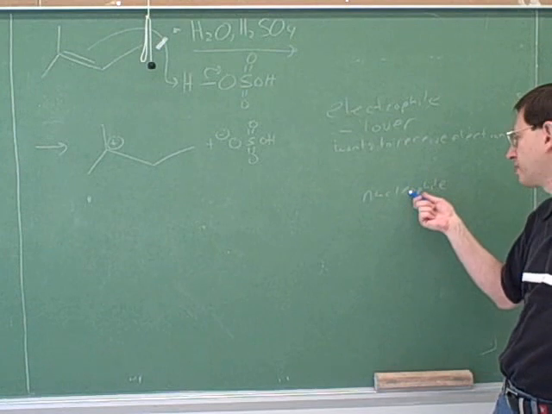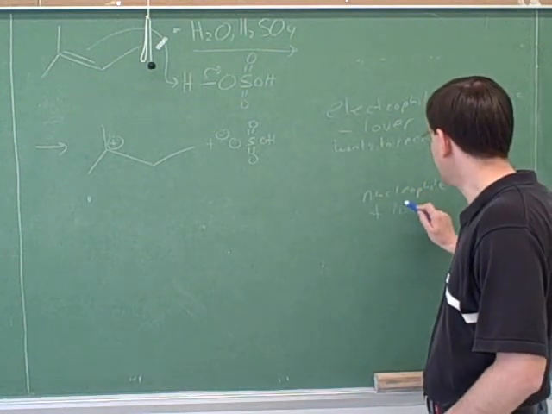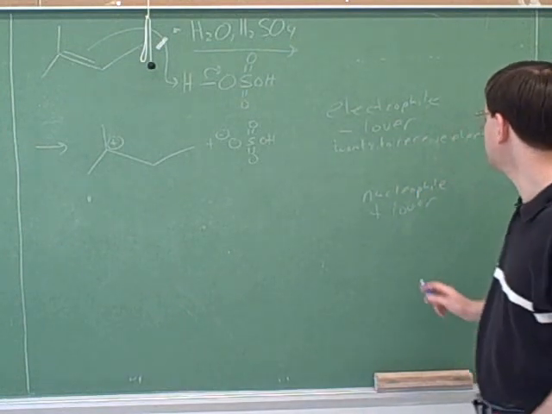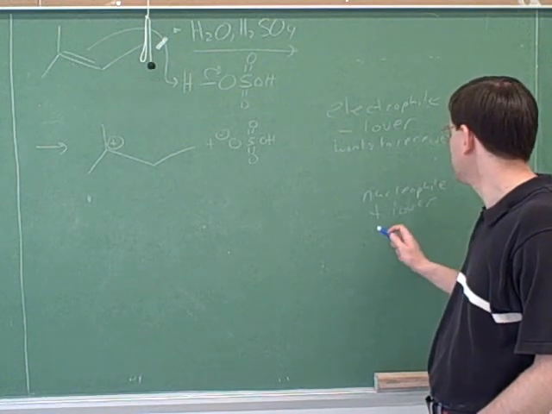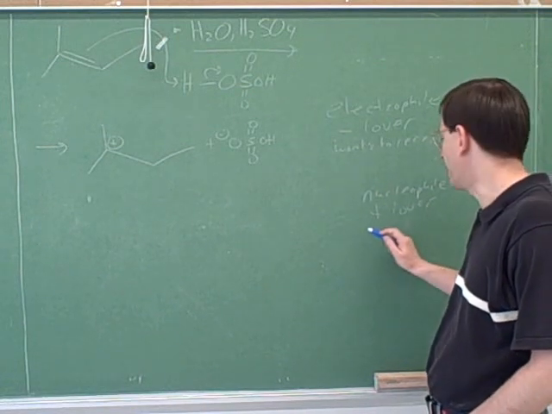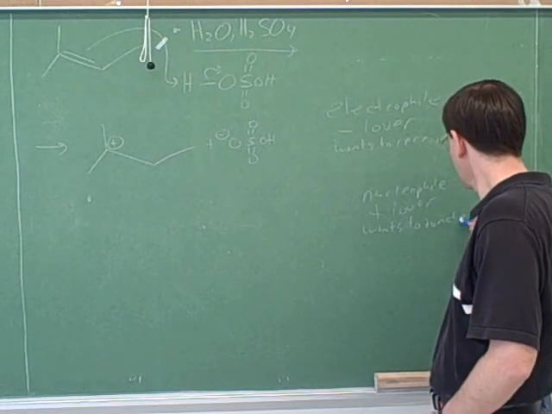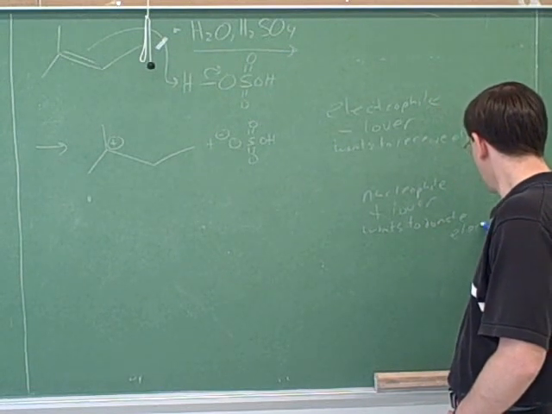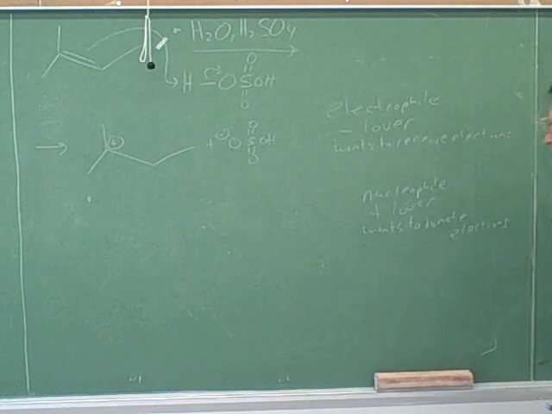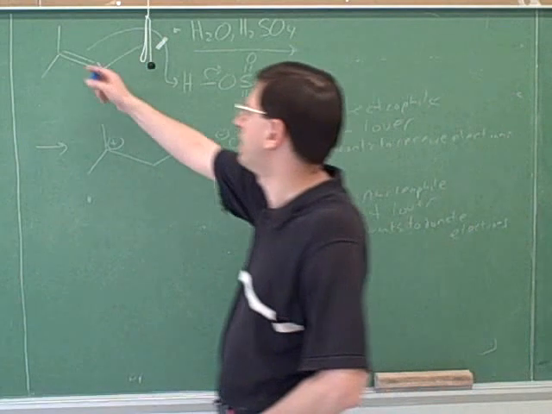This is really a term for proton lover or positive lover. Well, a positive lover wants to donate electrons to something positive. It wants to find something positive to donate electrons to, and that's what this pi bond is doing.